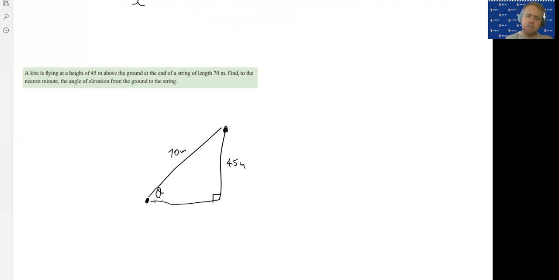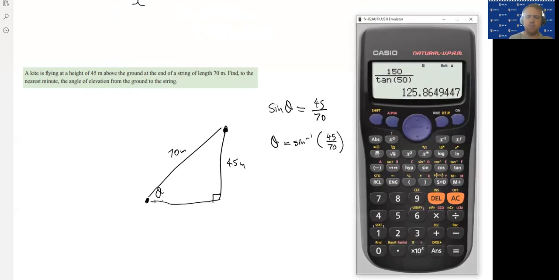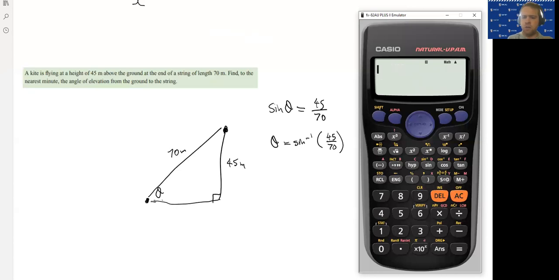So we notice now from our angle here, we have the opposite and the hypotenuse. So it's going to be sine of our angle equals opposite over hypotenuse. And now we can find the angle by using inverse sine. Okay, and then get our calculator up.